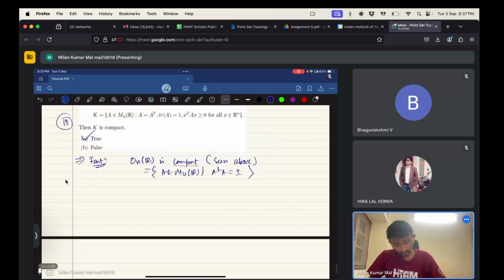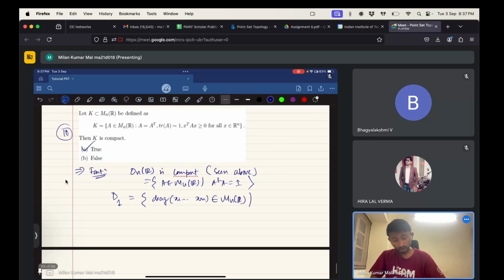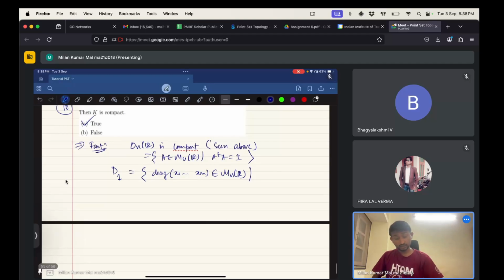And I'll write D, not the full D. D equals D of 1, all those diagonal matrices diag(x1, x2, ..., xn) belonging to M_n(R) such that the summation of xi equals 1. That means the trace is 1.